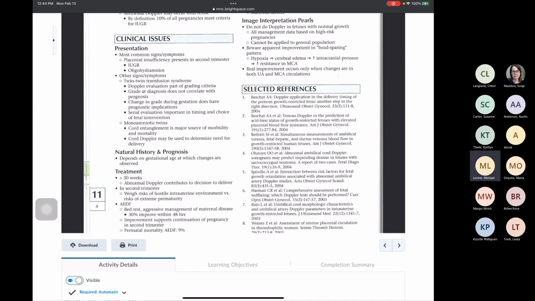And then a modified biophysical profile evolved because, again, of time constraints. A modified biophysical profile uses the non-stress test and an ultrasound looking at the amniotic fluid volume.